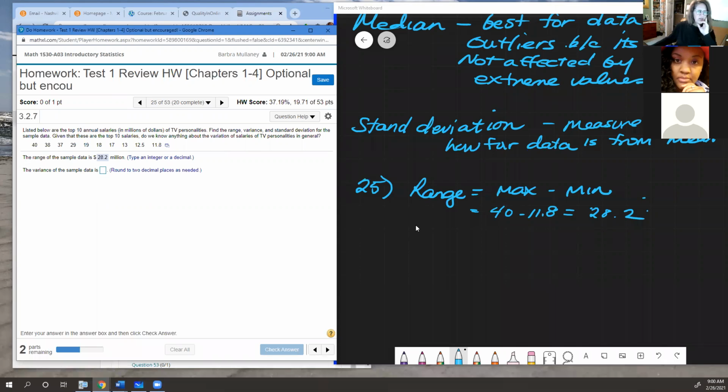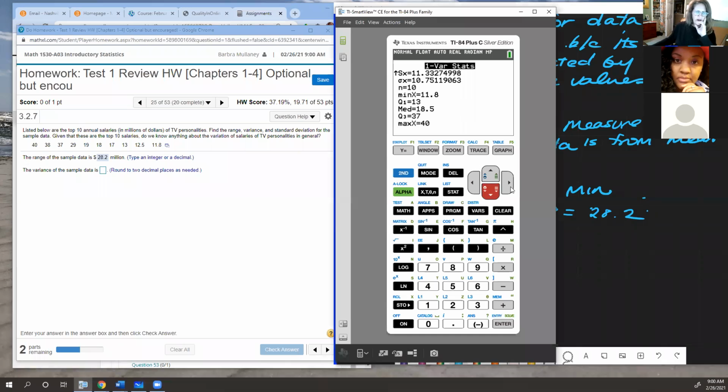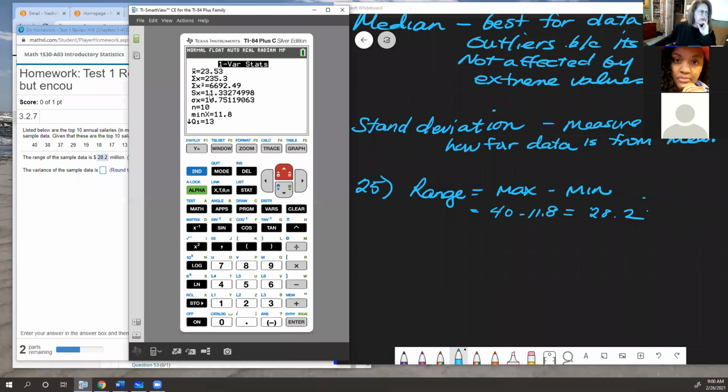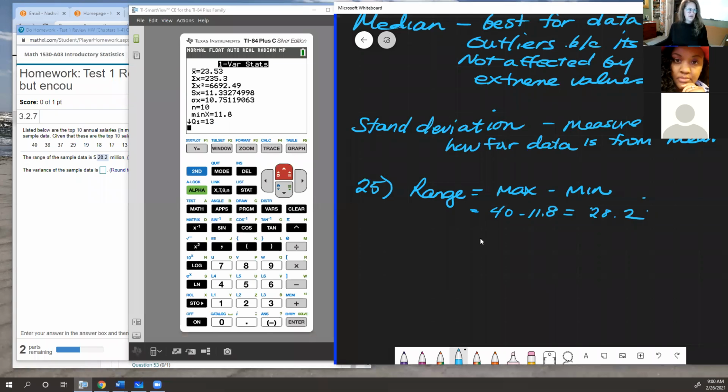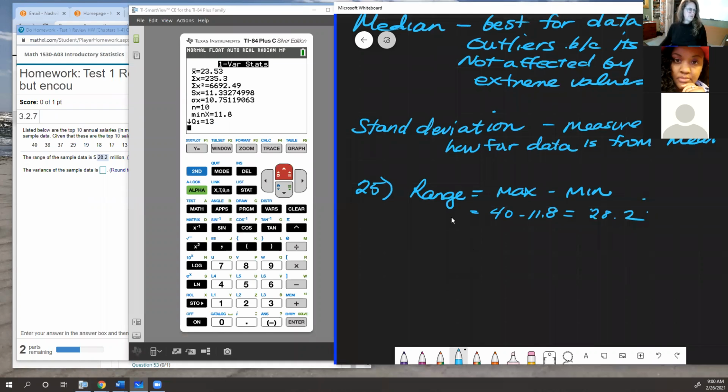And the variance. Okay, so we need that calculator program. The variance, how do we get the variance? The standard deviation squared. Yeah, very good. So our standard deviation is, what is my standard deviation here? 11.33.